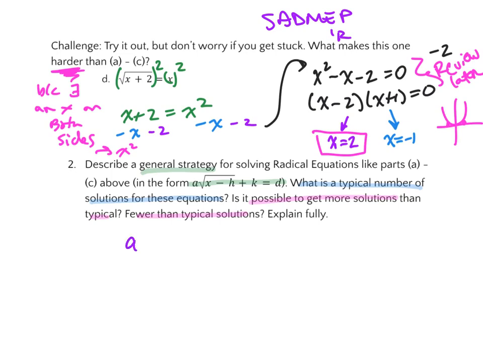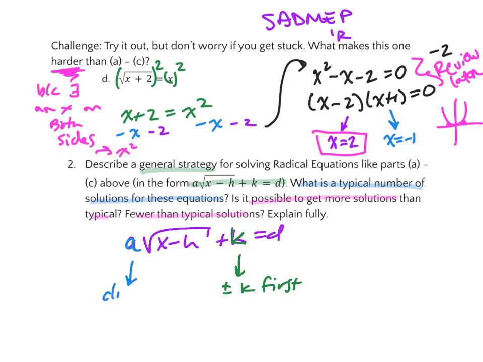So something that hopefully you're thinking of is that if you have K, I want to start with my K. You would add or subtract K first. And then you shouldn't have to multiply, but you might have to one day. But you're going to divide by a second.